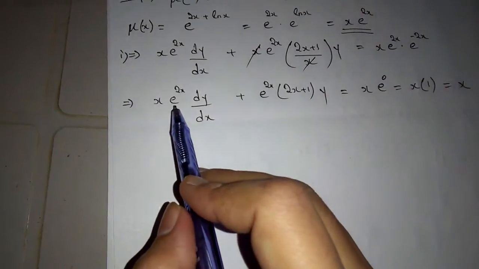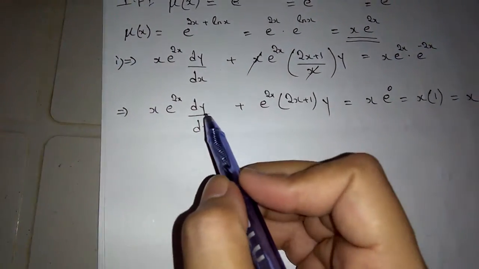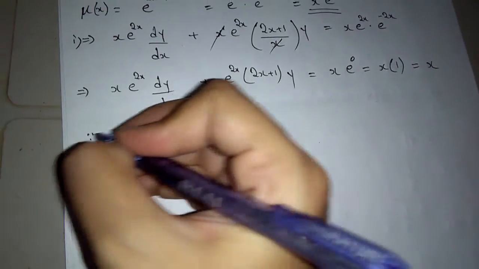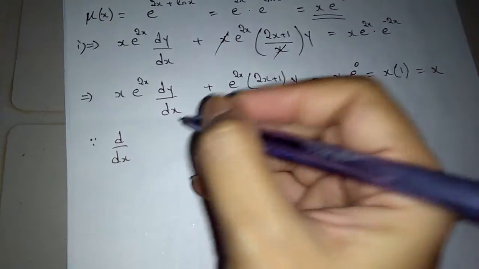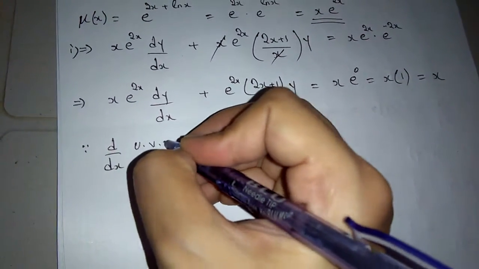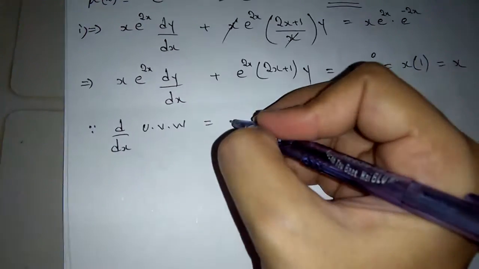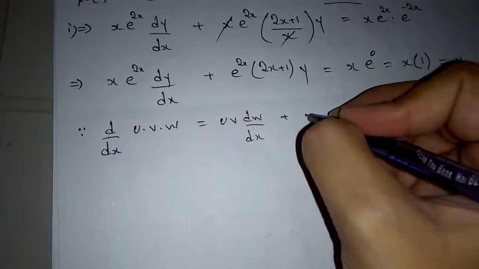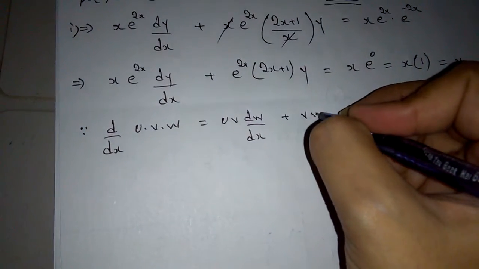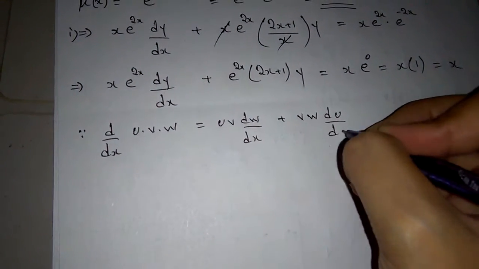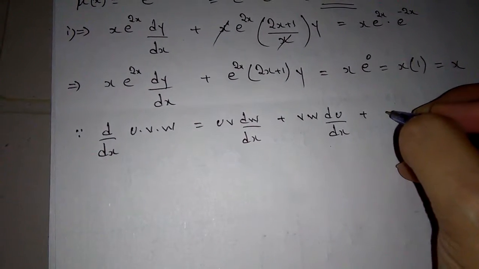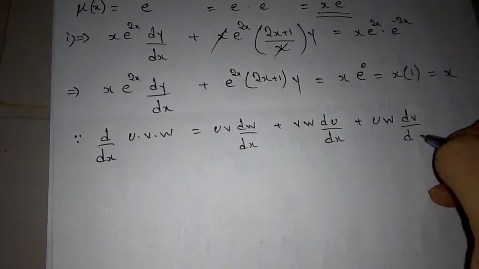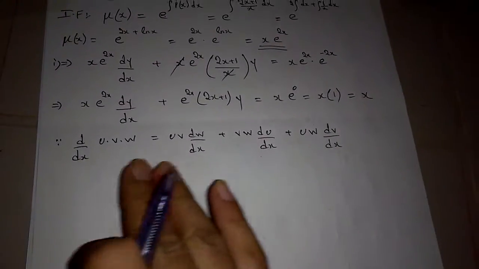Okay, so you can observe now that once you take the derivative of a product of 3 different functions, it is going to be expressed something like this. So we are going to follow this style.